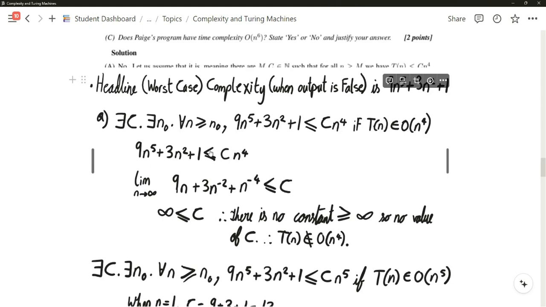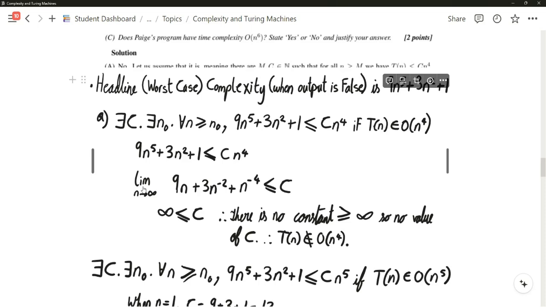And then I've set the limit of n to infinity. What I did was I divided all of the terms by the complexity we're trying to disprove it for, n to the 4, which left me with 9n plus 3n to the minus 2 plus n to the minus 4 is less than or equal to c by itself. Now we take the limit as n tends to infinity, because remember, we only care about complexity when n reaches big values.